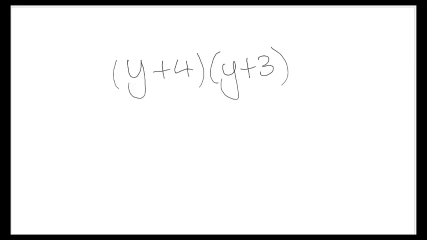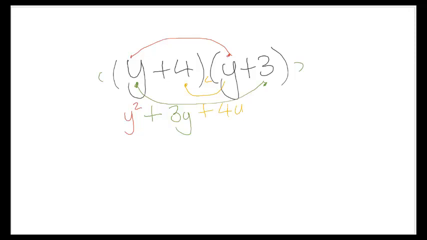Let's do one more. y plus 4 times y plus 3. Start with first times first. So y times y is going to be y squared. Then I'm going to go outer. So do your ears. y times 3, which is going to give me positive 3y. Then I'm going to do inner. Here's my nose. 4 times y, positive 4y.